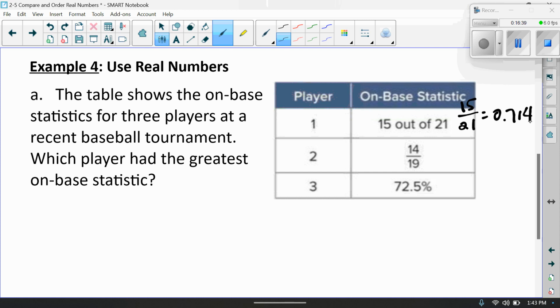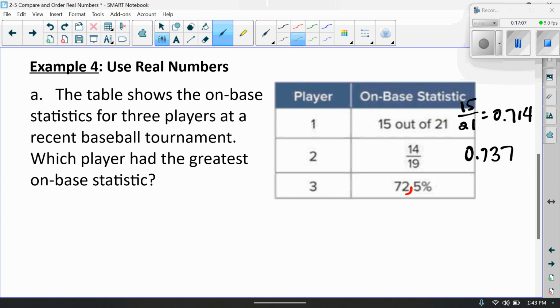Now we have 14 19ths. So we're going to divide 14 divided by 19. And that's going to give us 0.7368, this is going to be 0.737. And now we have 72.5%.